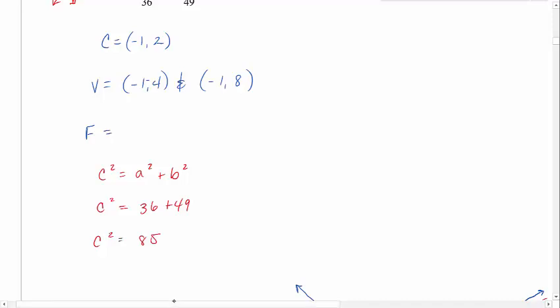I would try to simplify this. It doesn't, so we'll leave it the square root of 85. This time, because our hyperbola is opening up and down, this c value gets added to the y coordinate of our center. Our foci will be at (-1, 2 ± √85).